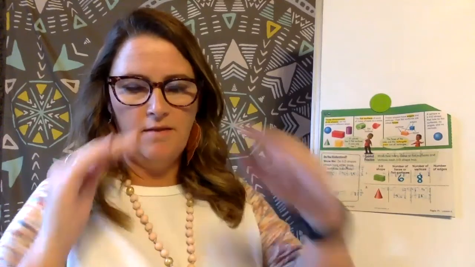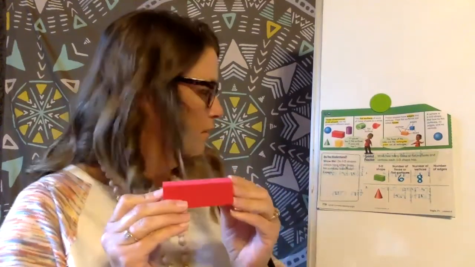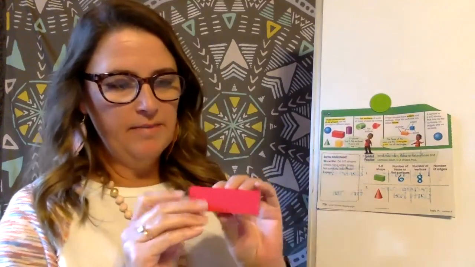And then the last part says number of edges. Now remember, the edges where 2 sides come together, okay? So let's use our rectangular prism again. We're going to count our edges.